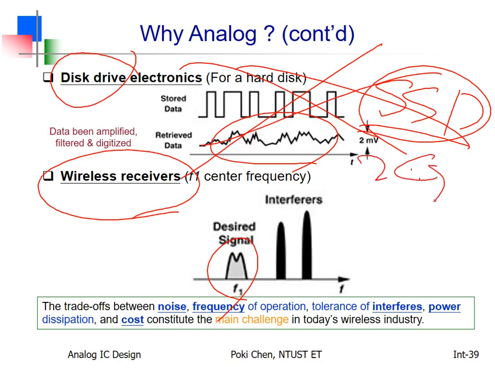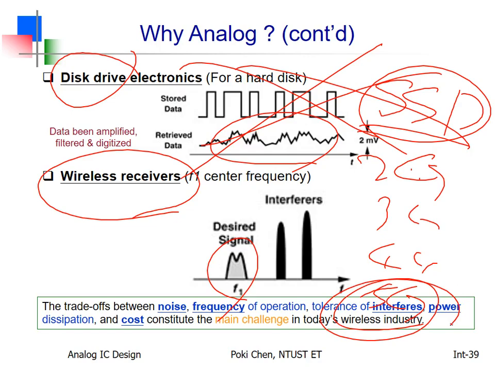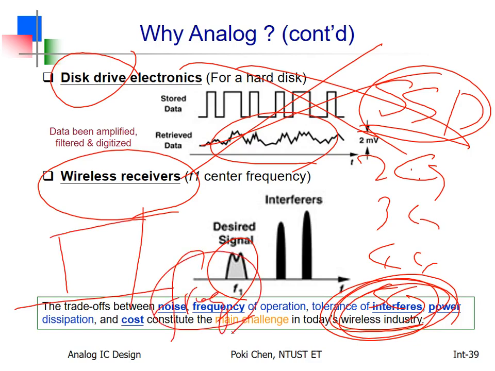From 2G, 3G, 4G, and into the future, or even now, somebody like Samsung, Huawei, LG, many of them announced their 5G mobile phones already, right? Anyway, how about the band? The band for communication, I mean the frequency band for communication is still there.